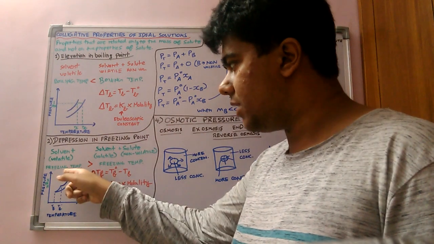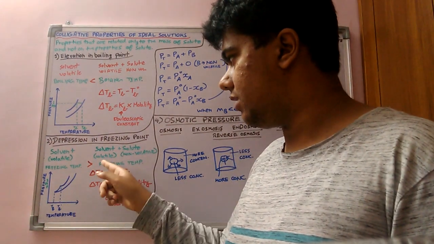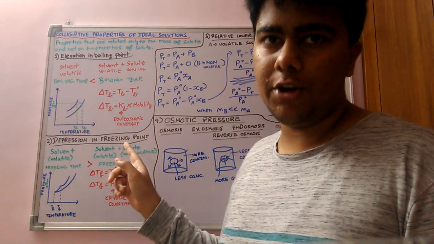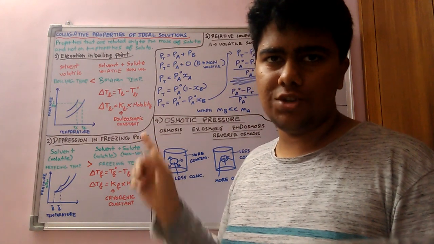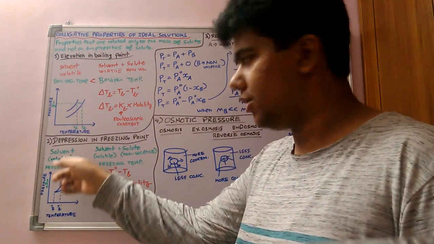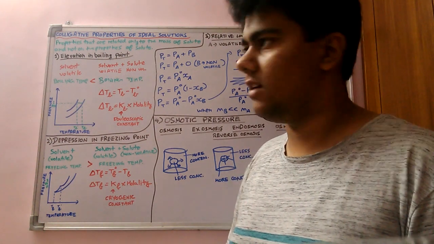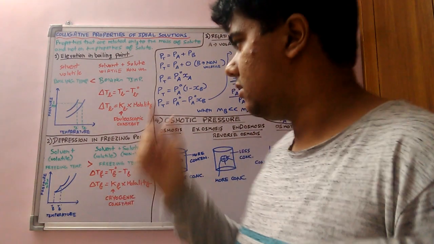The freezing temperature of just the solvent will be greater than the freezing point of the solution. Depression in freezing point: the solution's freezing point is less than the freezing point of just the solvent. It's kind of opposite.